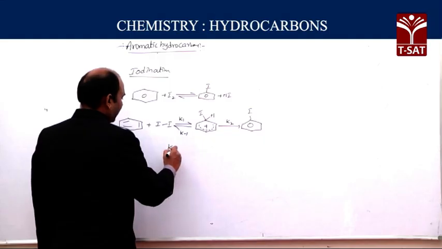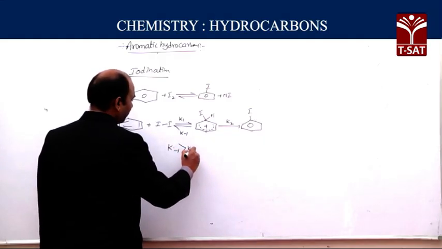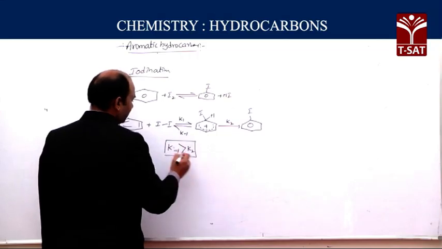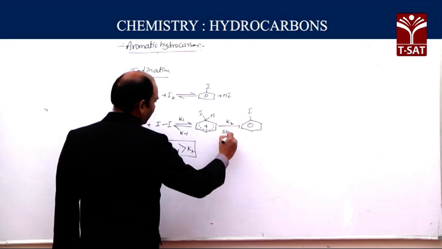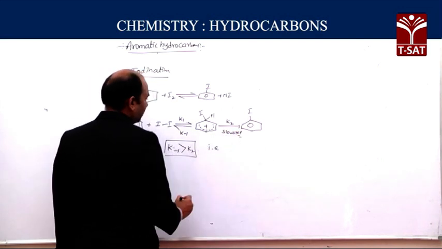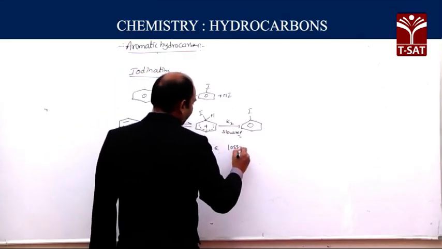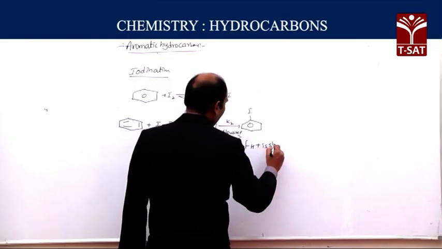Experimentally it is observed that K minus 1 is greater than K2. This indicates that this is a slow step, that means the loss of H plus is a slow step.